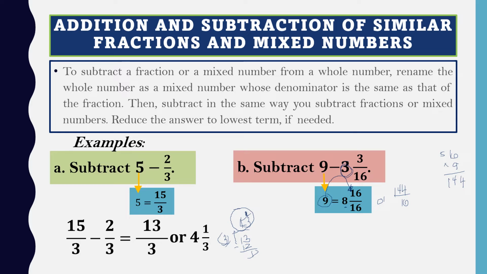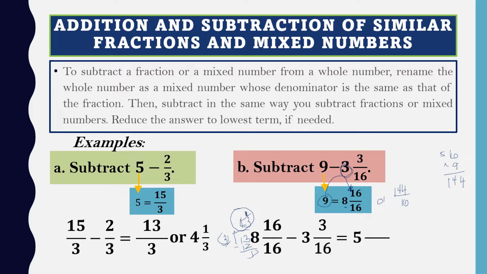To make it easier for us to subtract, we have made it 16 over 16 because the denominator of our subtrahend is 16, for them to be similar fractions, and we write it horizontally.